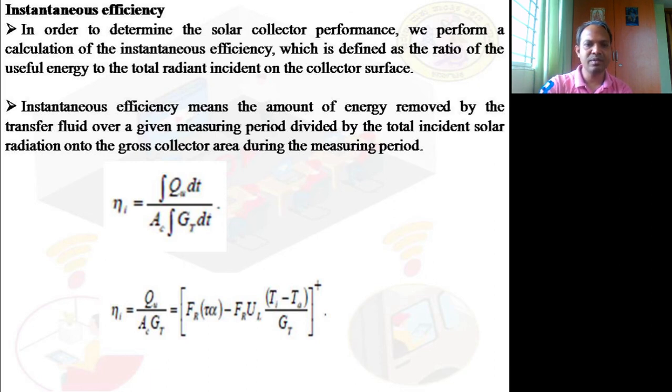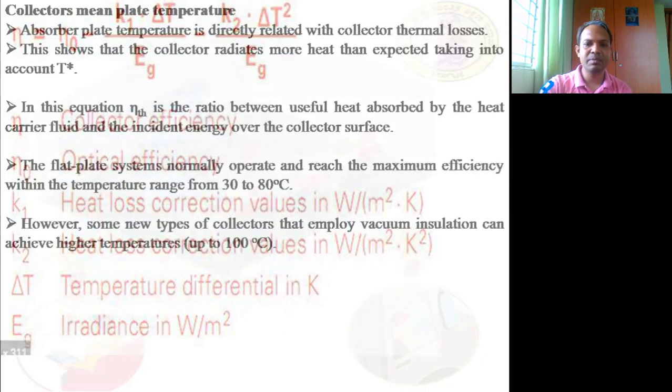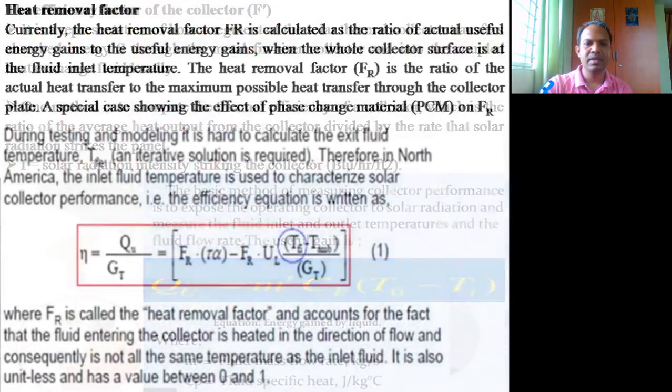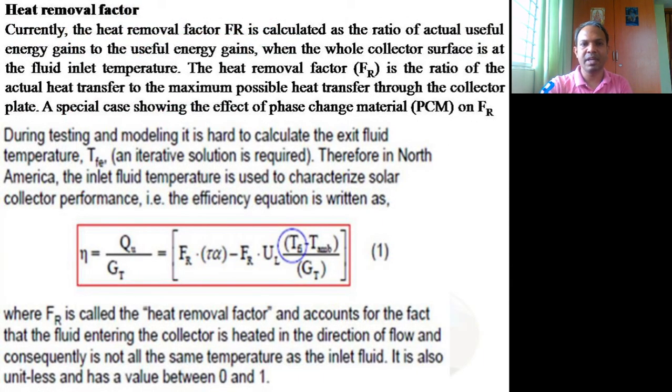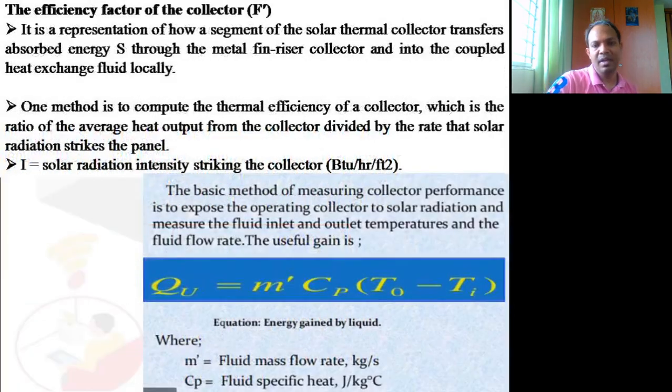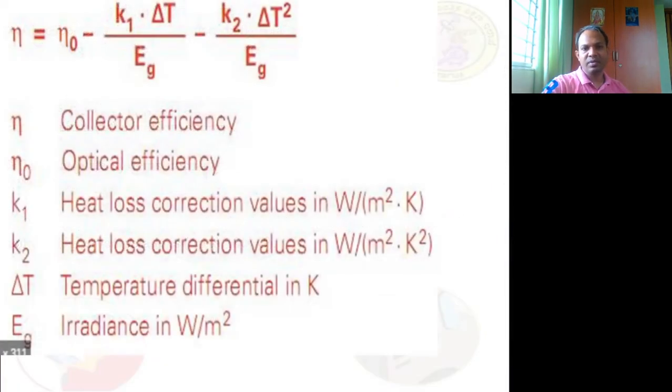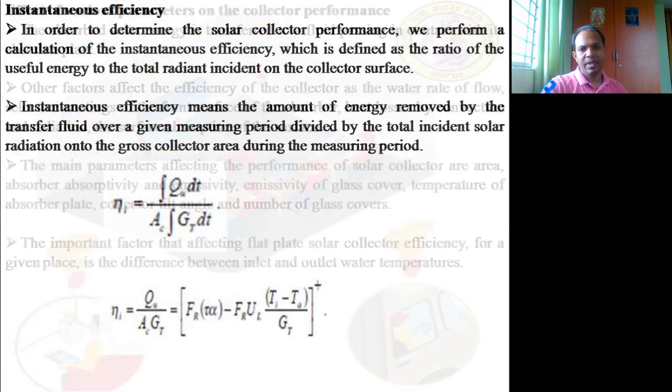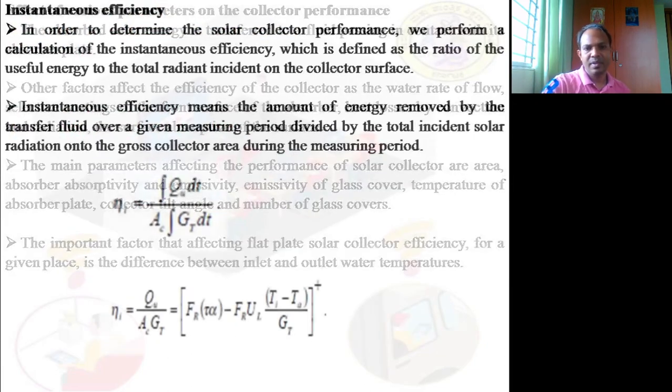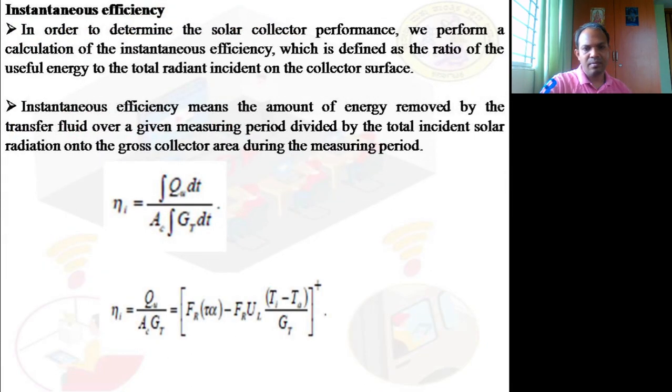Now eta I is also equal to Qu divided by Ag into Gt, which, incorporating the heat removal factor, reduces to this form.